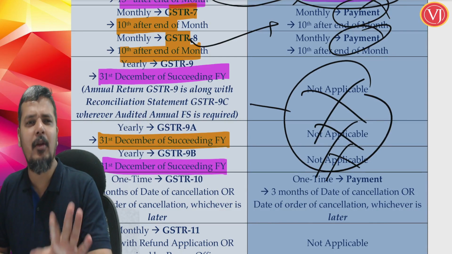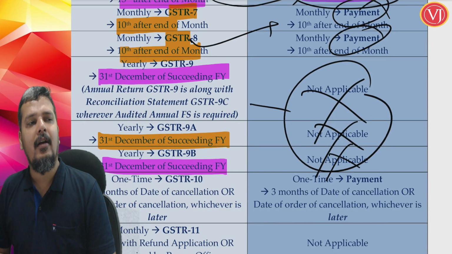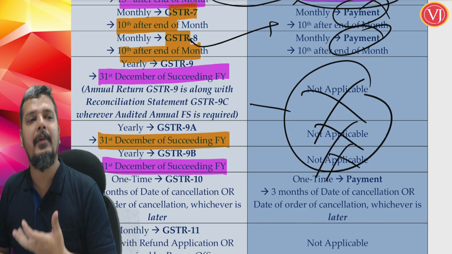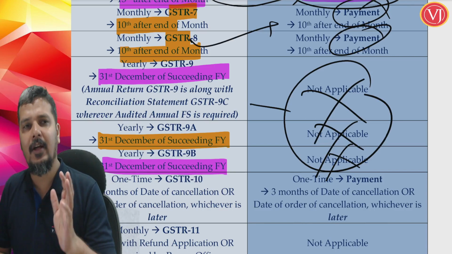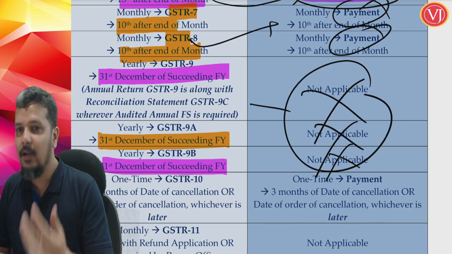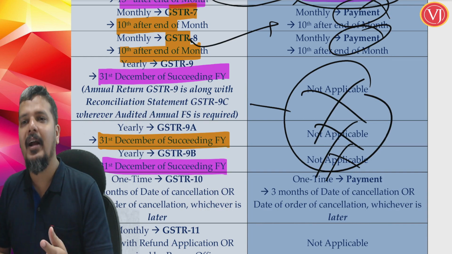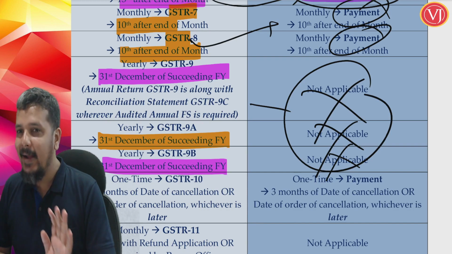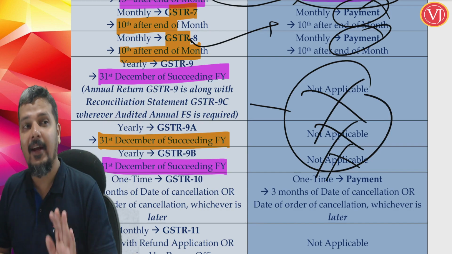You may make the payment, you may not. When you are filing your annual return, the normal feeling is that mistakes will be corrected and payment will be made. Yes, you have to report the mistakes correctly, and you have to show the liability. But payment is not mandatory.